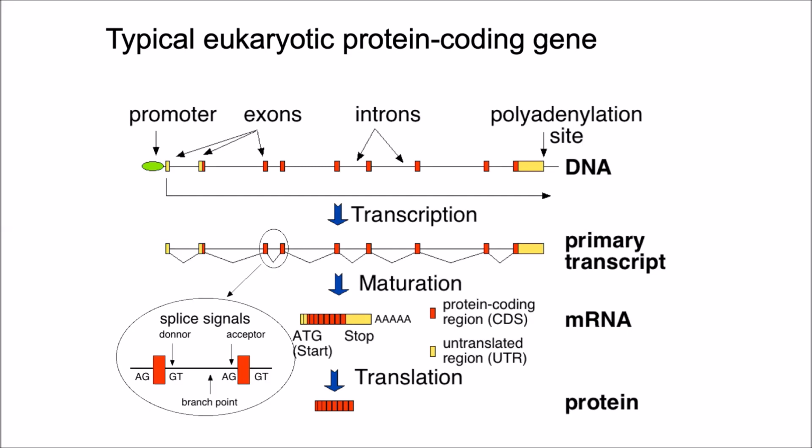The maturation of primary transcripts involves the excision of introns, the process of splicing. This excision of introns requires several signals, so-called splice signals, located at the extremities of introns and also inside.